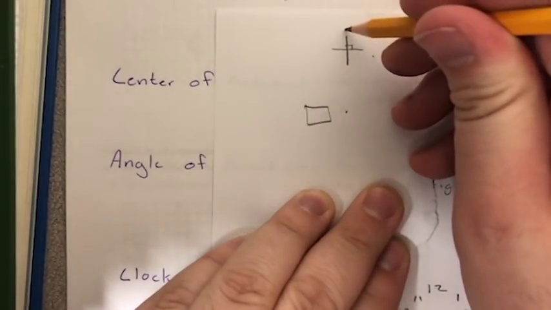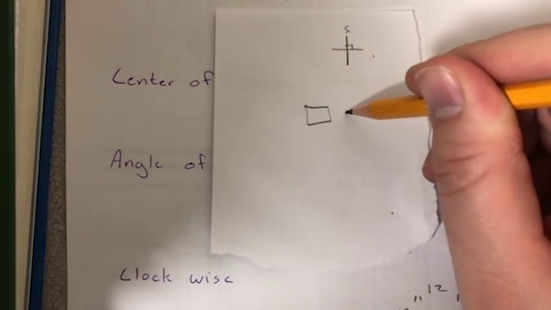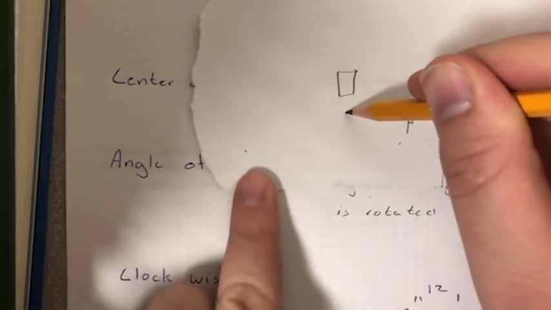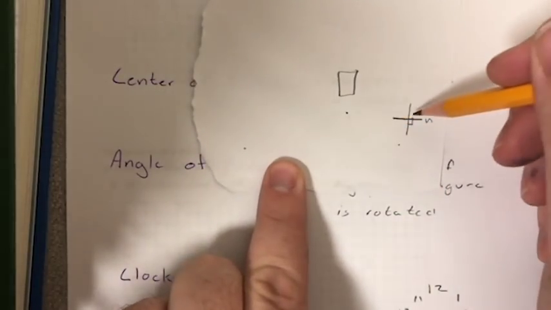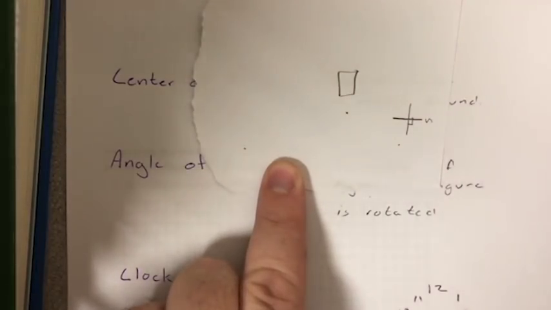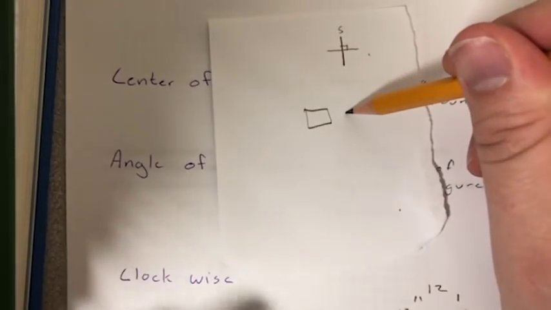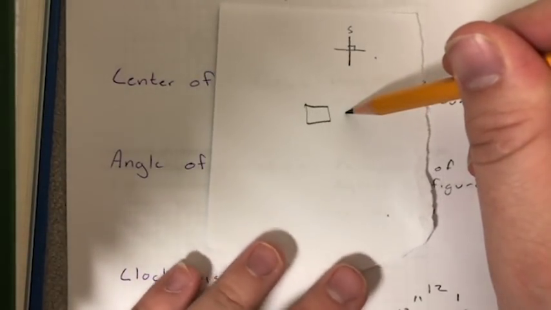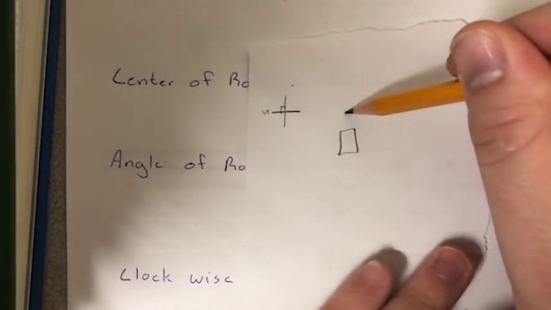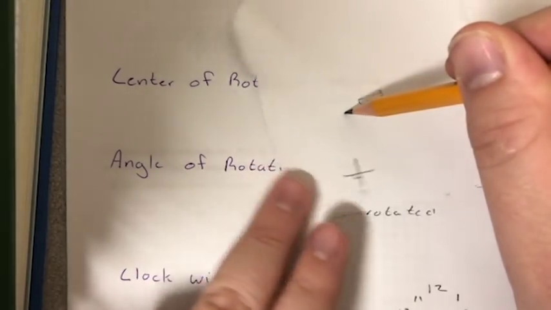So if this was my starting point right there, and I want to rotate it 90 degrees, I would move my paper so that my line was going in a different direction. If I was going up, I would end up left or right. Nothing overly complicated, and you've done this before, so I'm not going to spend a lot of time describing what 90 degrees is. If you need some help figuring out what 90 degrees is, just let me know. But that's really what we're counting by, is by 90s.